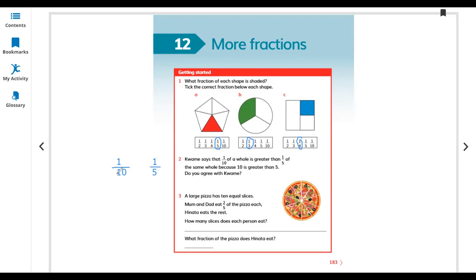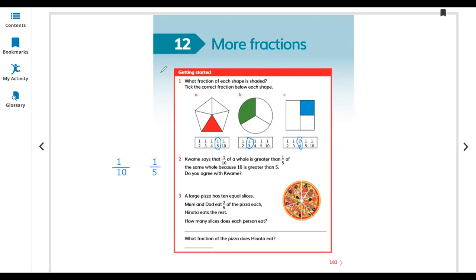It looks like 10 is bigger and 5 is smaller, but actually 1 by 5 is bigger. If I make the parts, then we can easily understand.